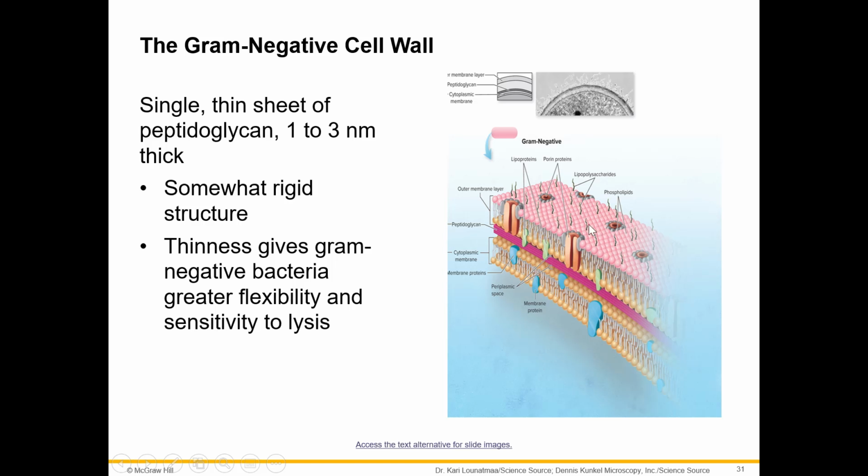These lipopolysaccharides act as a type of endotoxin, so that's something that can make us sick. When our immune system starts to attack these invading gram-negative organisms, the more they attack the organism, the more they're going to release these lipopolysaccharides. And lipopolysaccharides then can have major effects on the body.